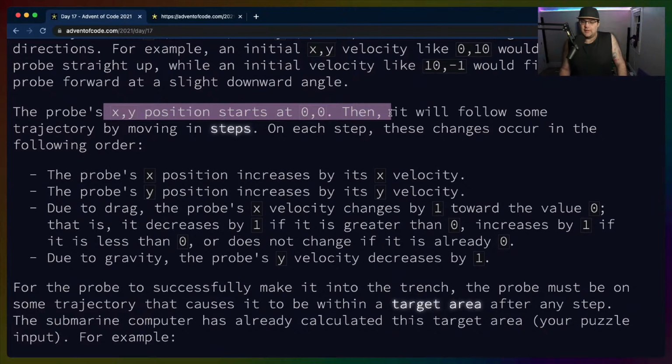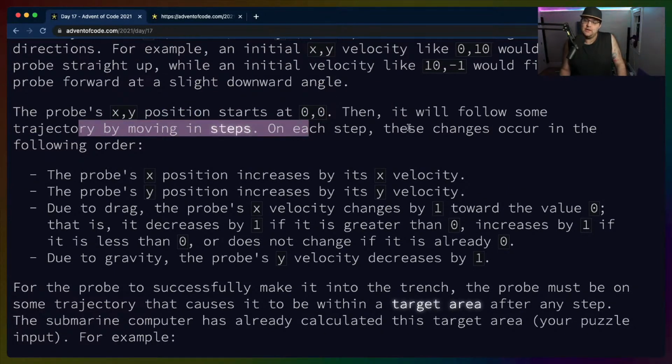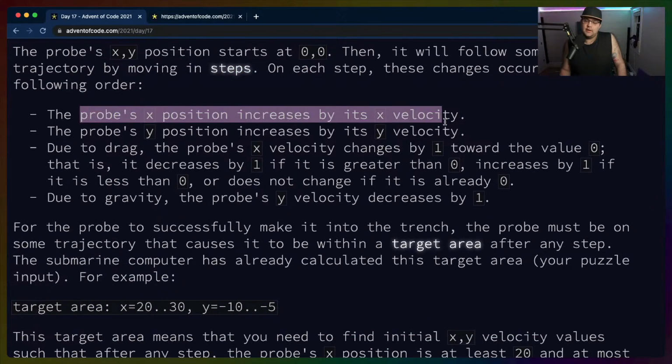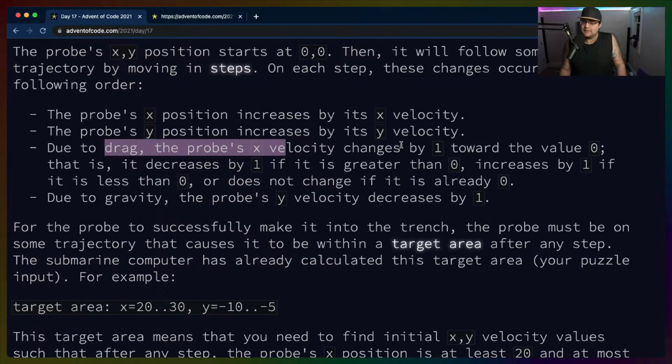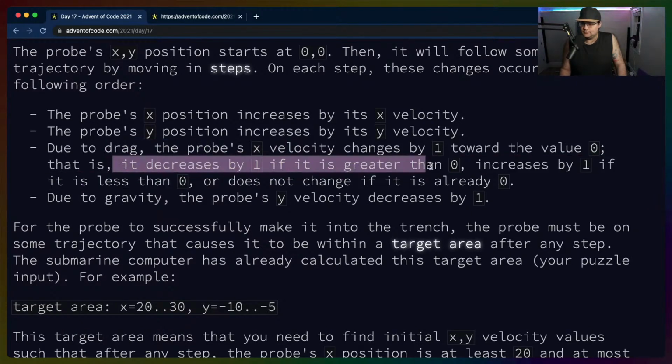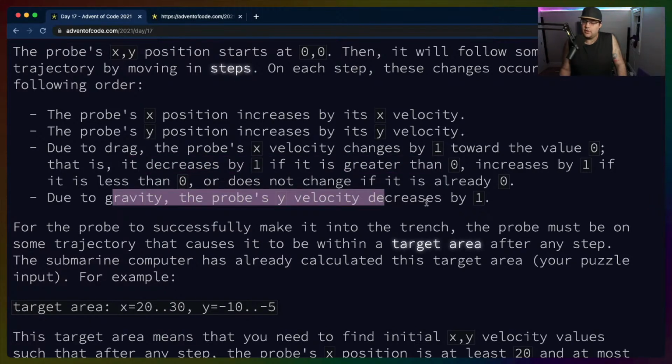The probe's position starts at 0, 0. Then it will follow the same trajectory by moving in steps. On each step, these changes will occur in the following order. The probe's x position increases by its x velocity. Y increases by its y velocity. Due to drag, the probe's x velocity changes by 1 toward the value 0. Due to gravity, the probe's y velocity decreases by 1.